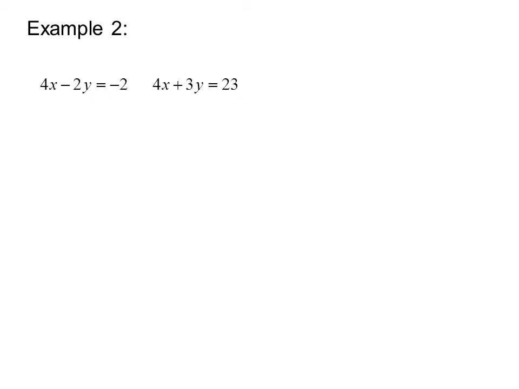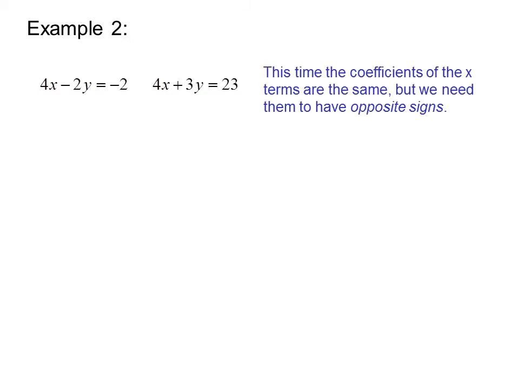Example 2. Our equations are 4x minus 2y equals negative 2 and 4x plus 3y equals 23. This time, the coefficients of the x terms are the same, but we need them to have opposite signs.